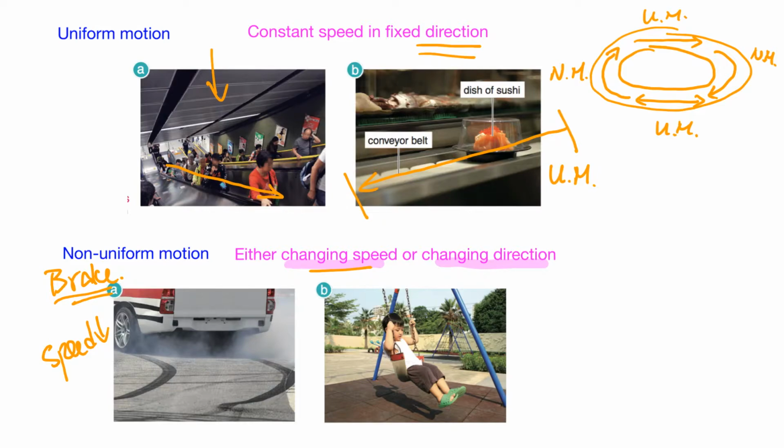For picture B, a kid is playing on a swing. For a swing, you may have different positions. For example, this is my ugly drawing. The swing can be very high, or in the middle, and then go to the highest point again.